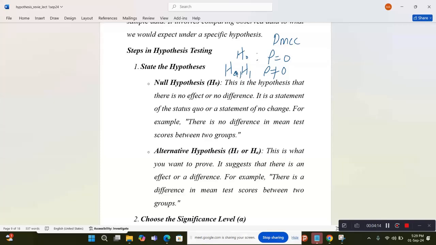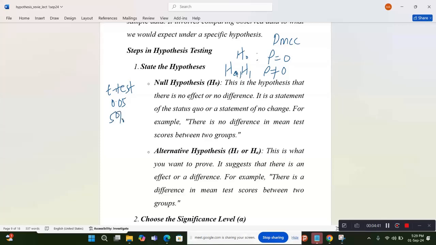Then you go ahead. There are a number of parameters that you're going to use to prove these statements, and one of them that we said we can use is a t-test. You carry out a t-test and get critical values at a significance level of 0.05 or 5%.